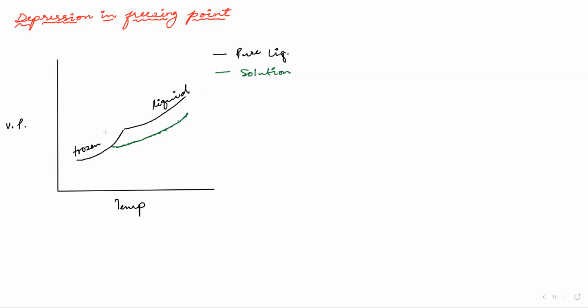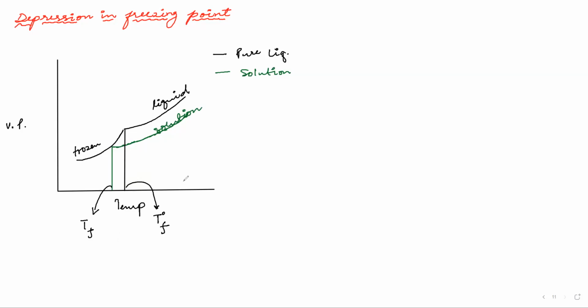Now this is freezing at this temperature. Okay, and our pure solvent was freezing at this temperature. Now this will be known as TF, because it is for solution. Let me just write, this is for solution, and this point will be known as T0F.